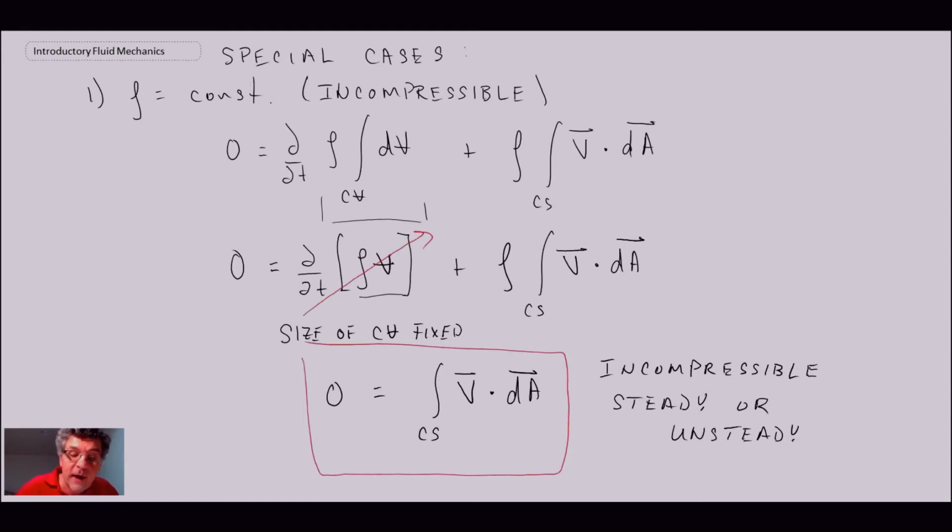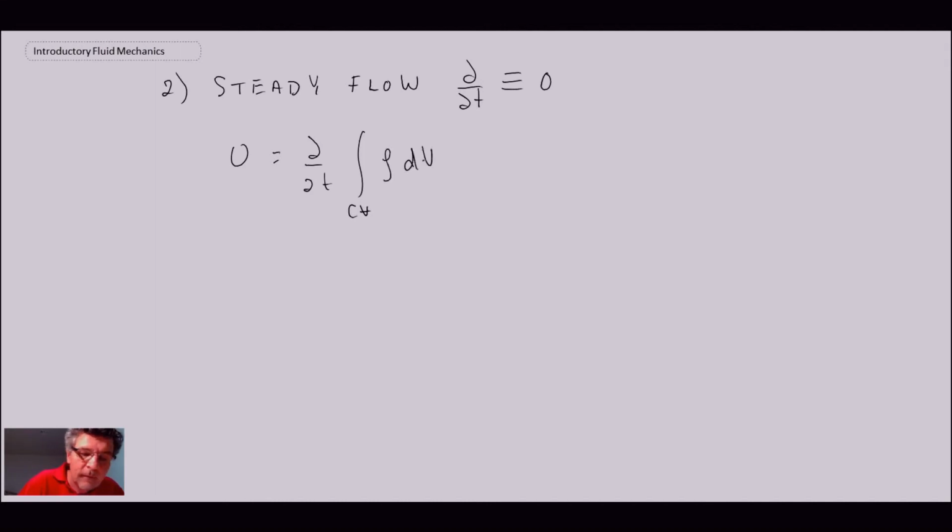The next one we're going to look at is the special case of a steady flow. If you have steady flow, anything that has a time derivative goes to zero. Consequently, the first term in the continuity equation, let me write it out, so that is our continuity equation.